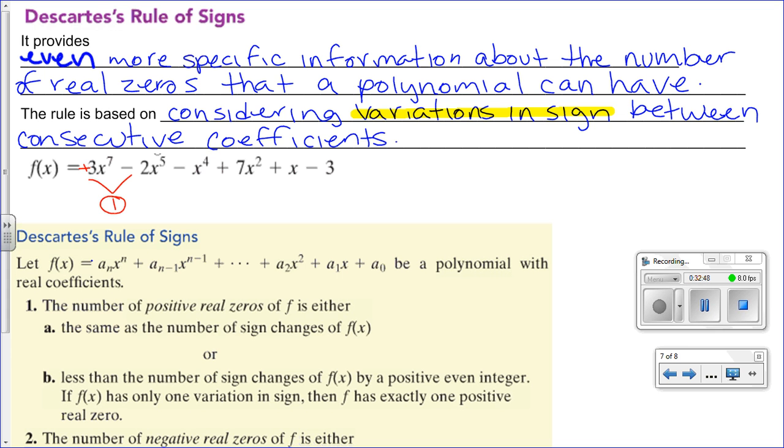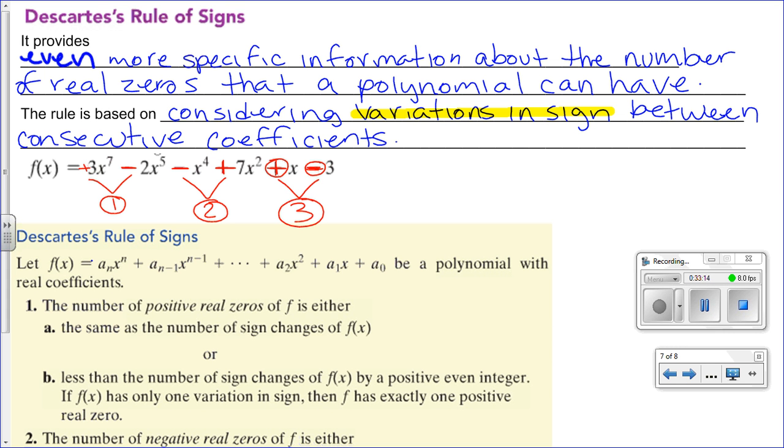Now we stayed from negative to negative, so there's no variation there. And then we go from negative to positive, so that will be our second variation. And then we go from positive to another positive, so there's no variation there. And then from x to -3, there is one variation. We went from positive to negative, so that will be considered our third variation.